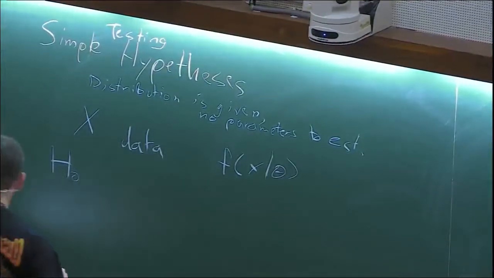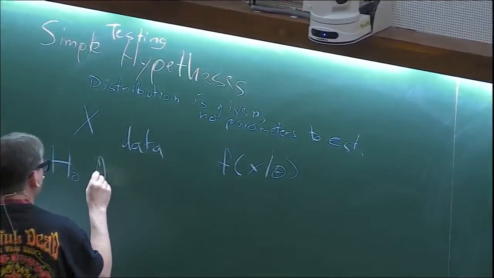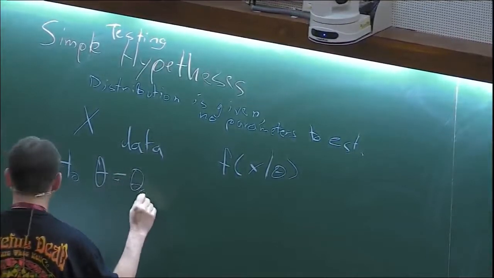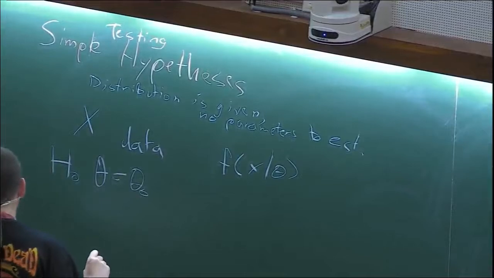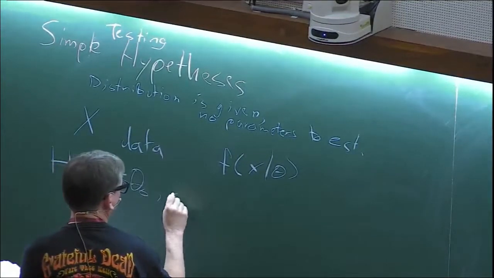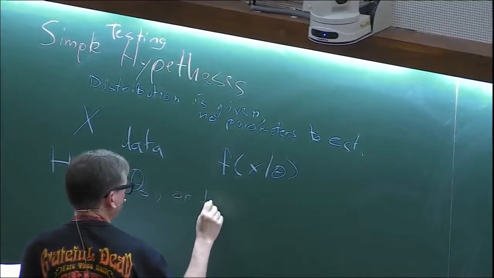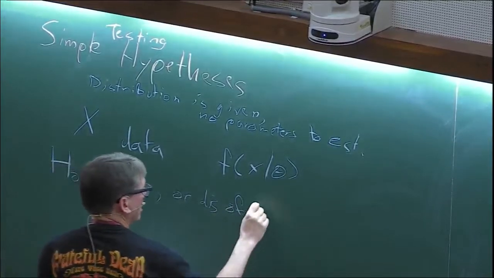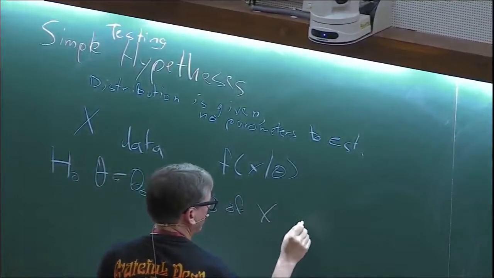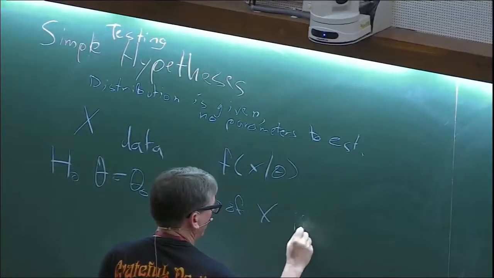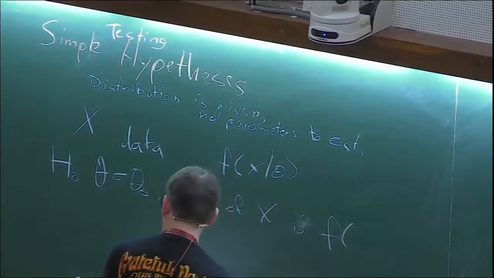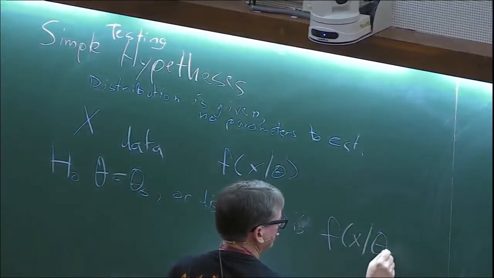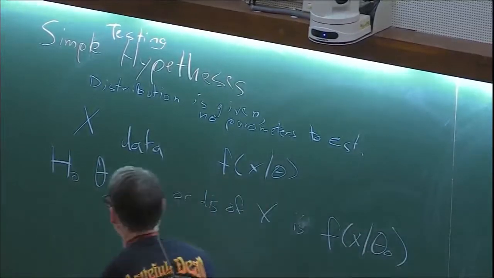Now, let me lay out some of the basic notation that gets used. Hypothesis 0 might be, say, theta equals theta 0. That's equivalent to saying that the distribution of X is F of X given theta 0.